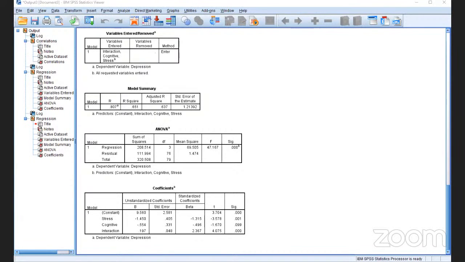I am stopping sharing this and sharing the slide. This is the continuous moderator.